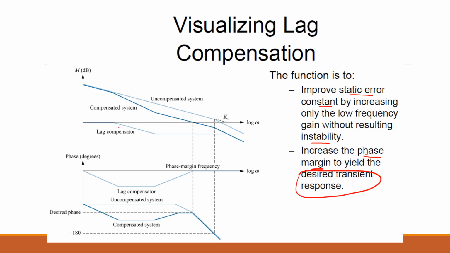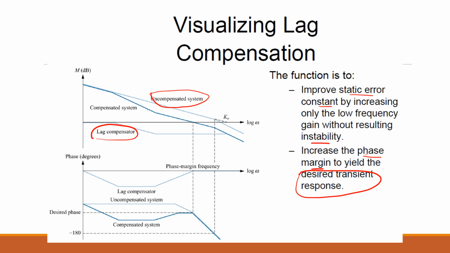Okay, so as shown in this Bode plot, this is how the uncompensated system looks before we add the lag compensator, and after we add it, the compensated system will look like this.